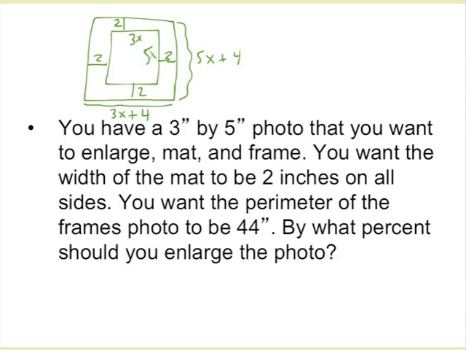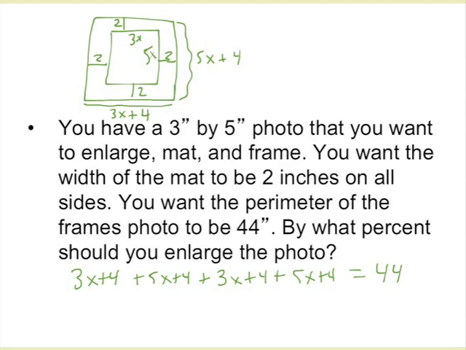For perimeter, we want to add those all up. So I got a 3x plus 4 on the bottom, a 5x plus 4 on the side, plus 3x plus 4 on the top, and another 5x plus 4 on the other side, and I want that all to add up to 44.